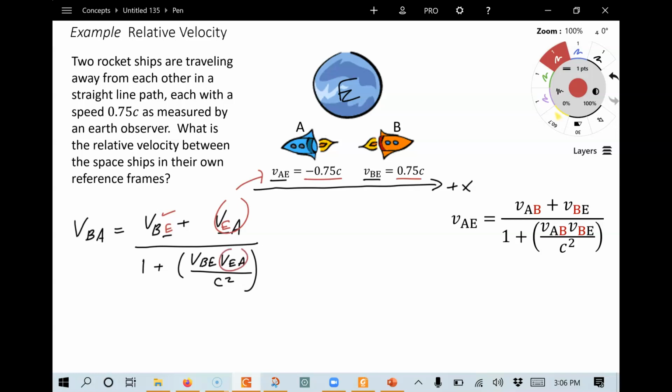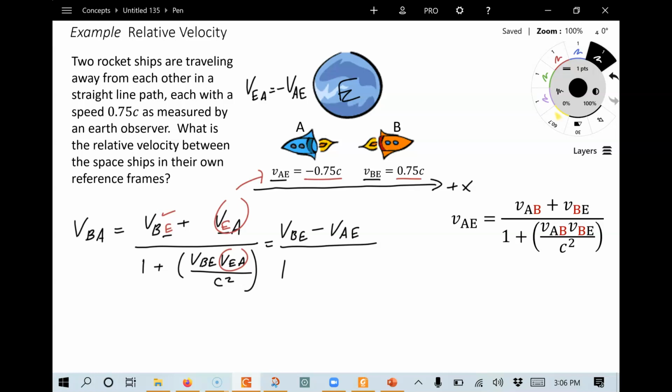So we're going to use the rule again, so that we know that VEA equals minus VAE. And therefore we can go ahead and rewrite this finally. We're going to go VBE minus VAE. I just flipped the subscripts, put a minus sign there. Same thing on the bottom.